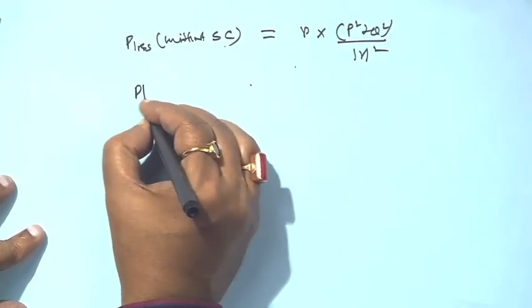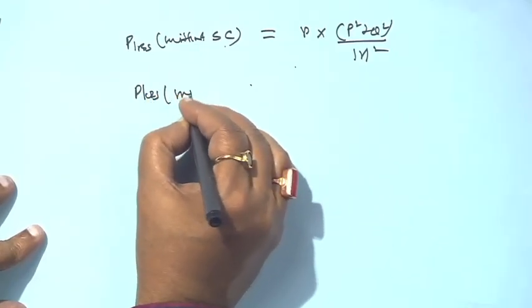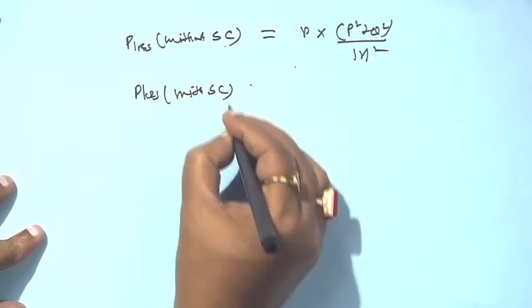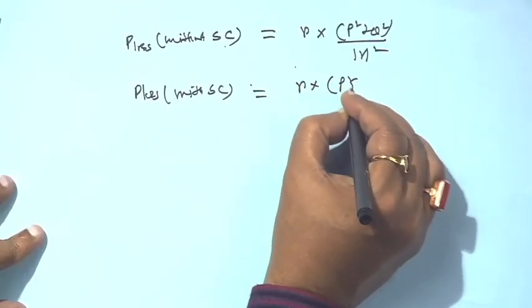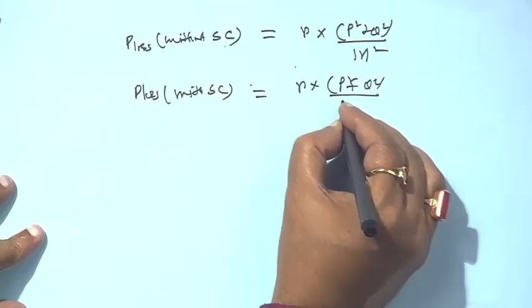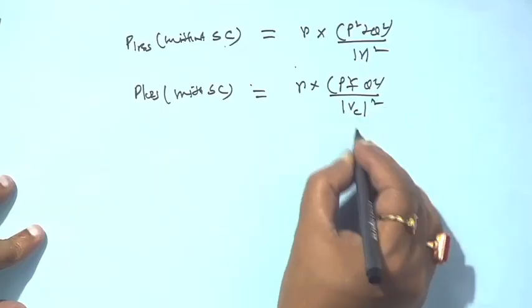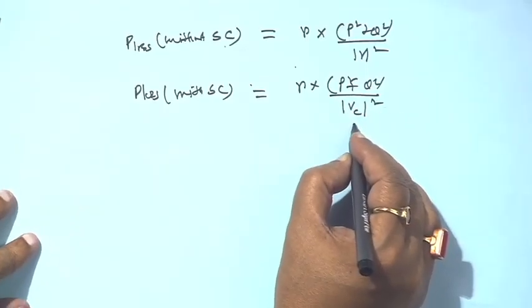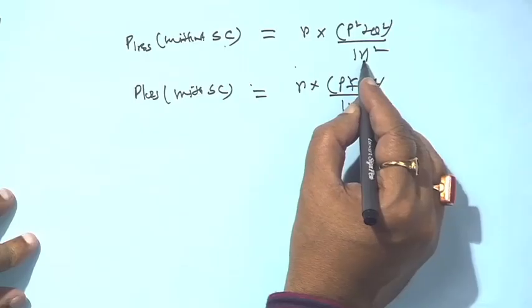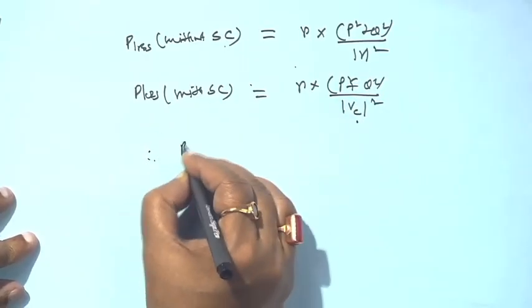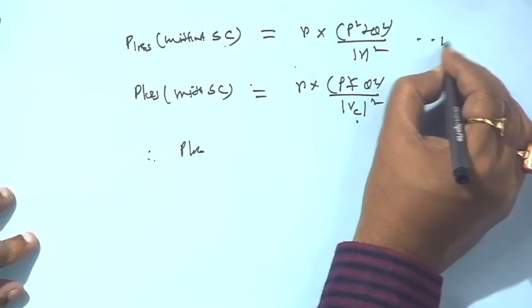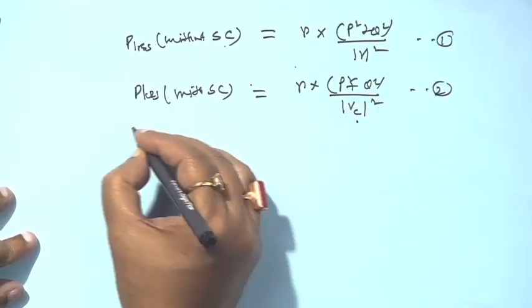Similarly, P loss with series capacitor, SC meaning series capacitor, is R into P square plus Q square upon the capacitor voltage, say Vc, the same node but with Vc instead of V. Now suppose this is equation 1 and this is equation 2.